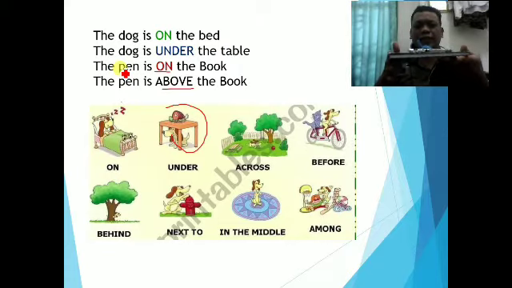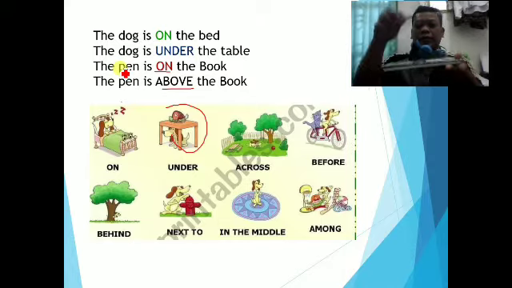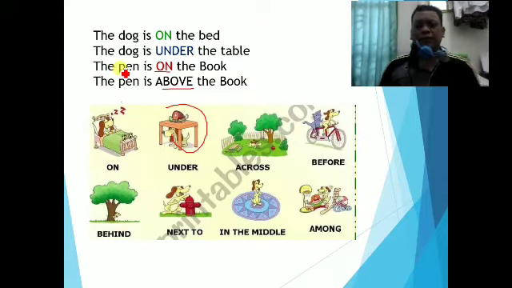Berarti pulpen itu berada di atas buku. And when we say the pen is above the book, it is a few centimeters above the point of reference, berada sekitar berapa sentimeter di atas buku. Jadi the pen is above the book. That's the small illustration that I can give to you.